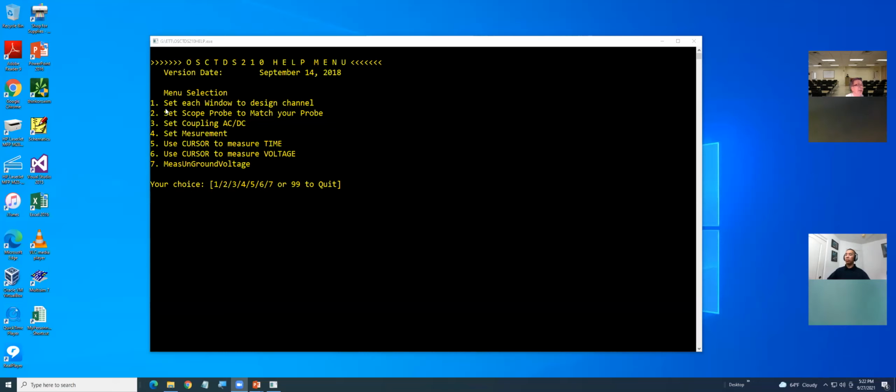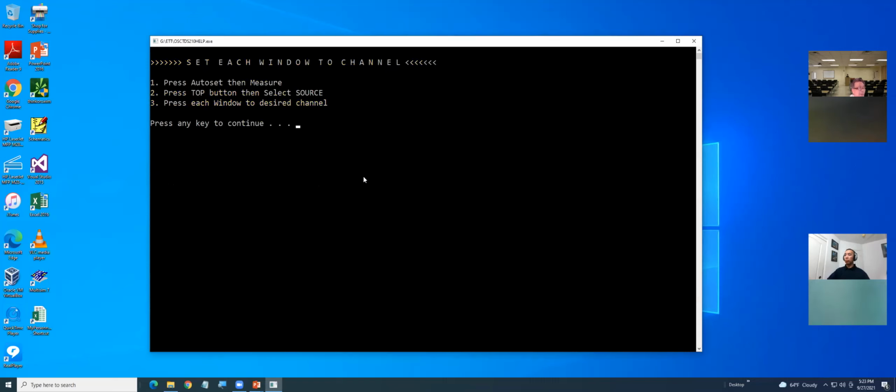The first thing here, if you want to set each window to a designated channel, you can type number 1. That will tell you about auto set, then measure. Press the top button, then select the source. Then press each window to designate what channel, channel 1 or channel 2.